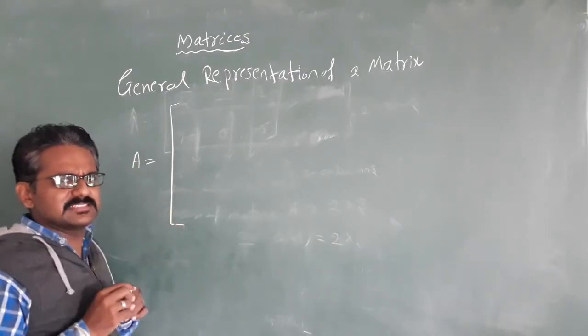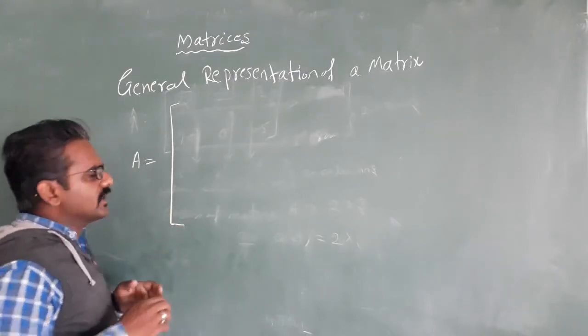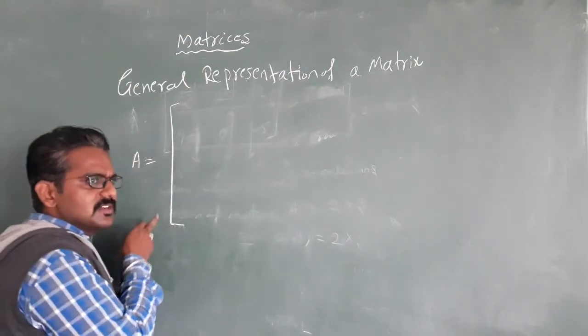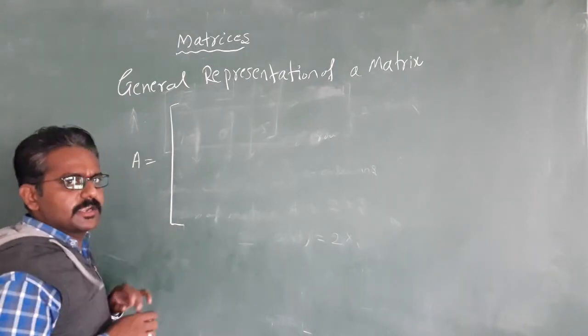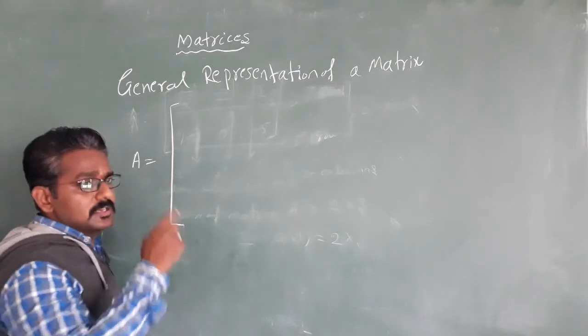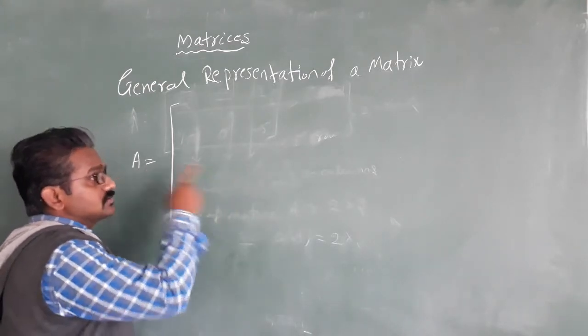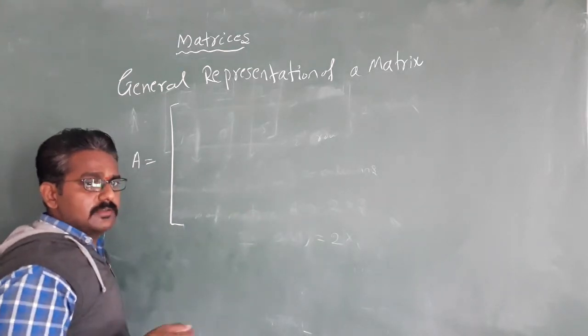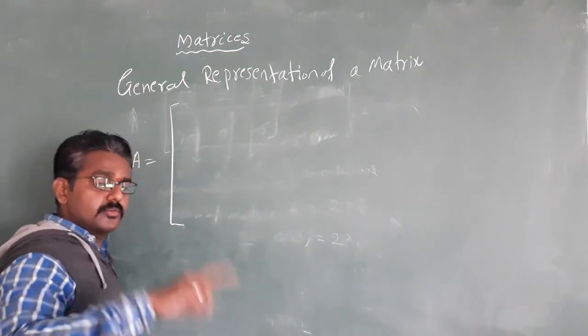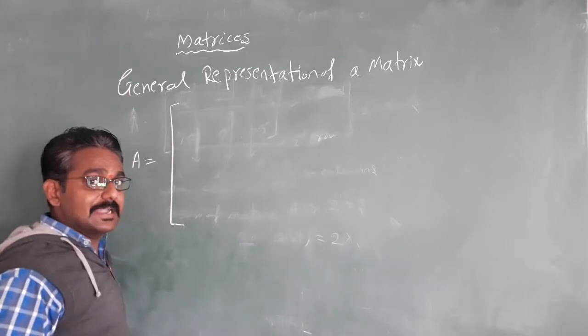Rounded bracket is a rare case. You can use that also, no problem. Okay. I am using the square bracket most of the time. I mentioned root 3 in the earlier example. Root 3 is present in the first row, first column. For the row value and the column value, we need the numbers.